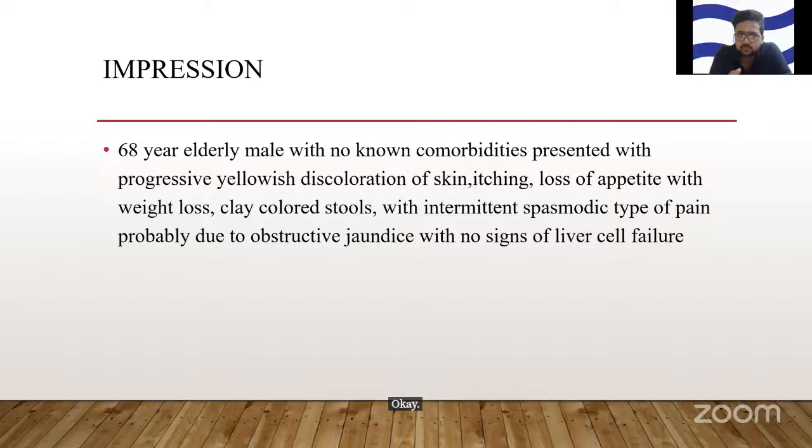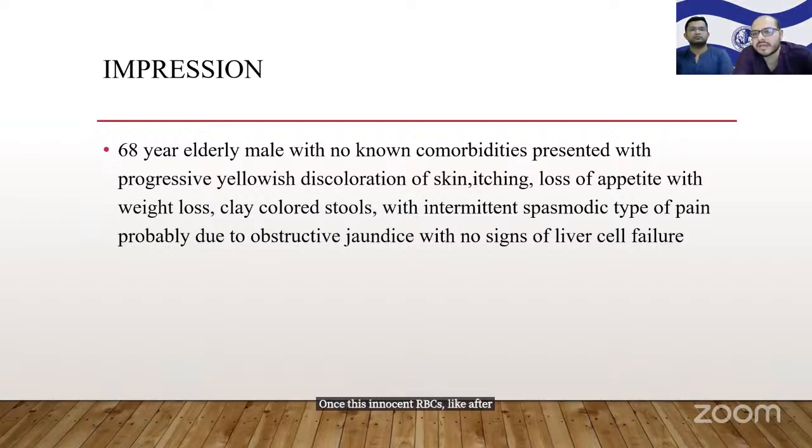So can you briefly tell us regarding this bilirubin metabolism, very briefly? Once the senescent RBCs, after 120 days of their lifespan, are lysed by the reticuloendothelial system, hemoglobin is broken down into heme and globin.